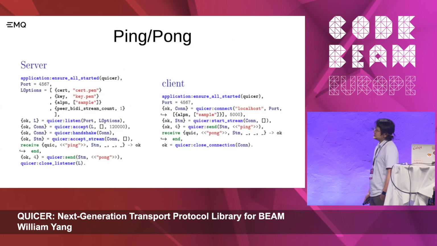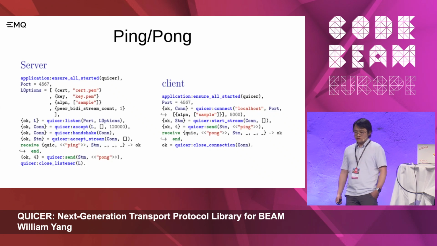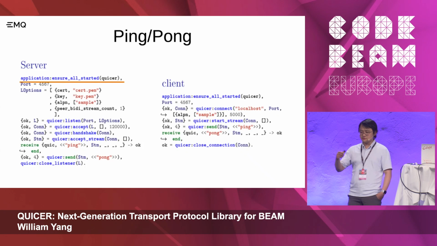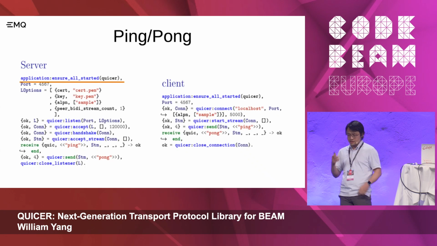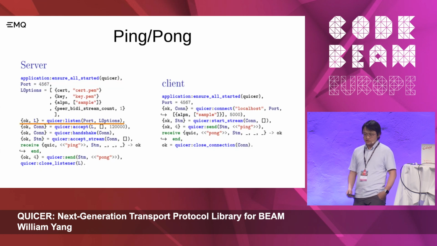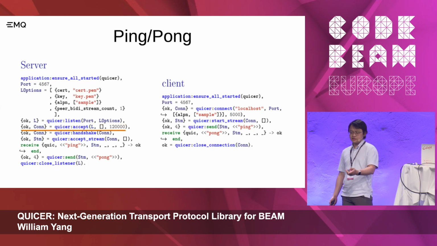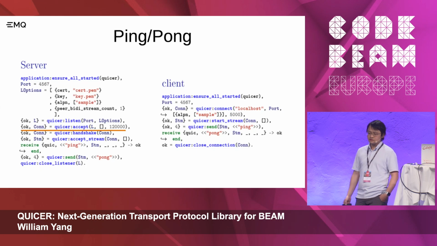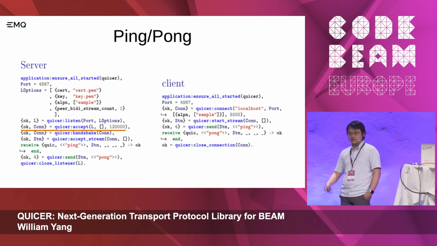Okay, my colleague suggested I give you a ping pong example, so I will go through it quickly. First, you need to start the QUICER application. This will initialize the MsQuic library. Then you can start a server listener and get the listener handler. Then you accept on the listener handler. Once a connection is incoming, you get the connection handler.